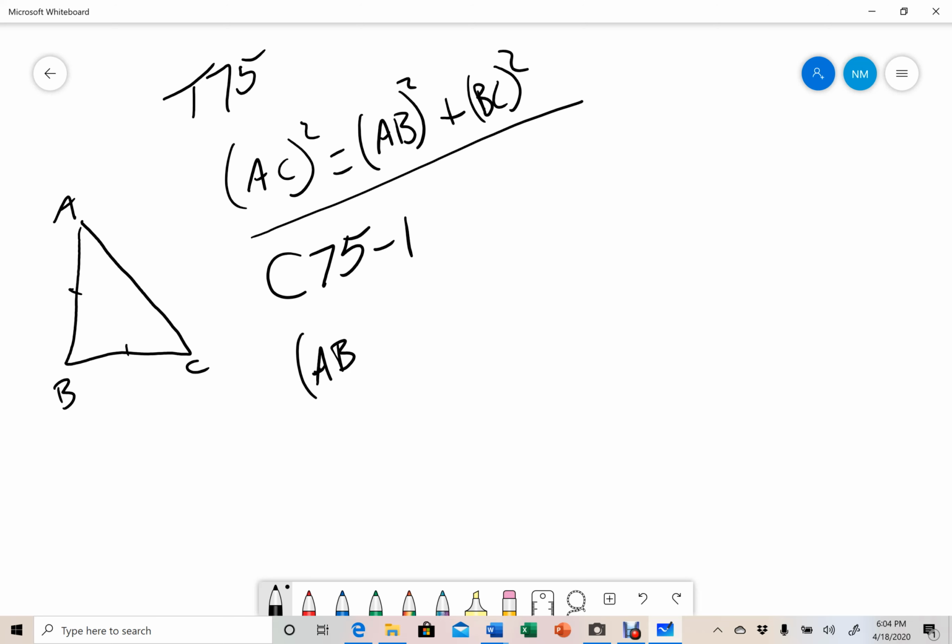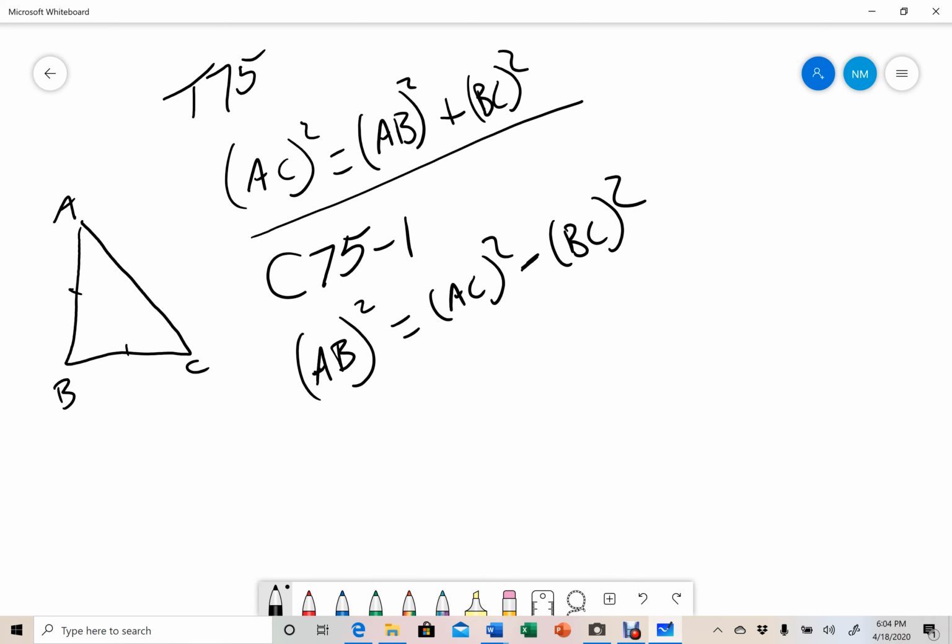Again, it doesn't specify which leg. We just know it's one of the legs. We can take one of the legs, and we're going to square that. This leg squared is going to be equal to my hypotenuse squared, which is AC, diminished by, or subtracted, the other leg, which is BC squared.